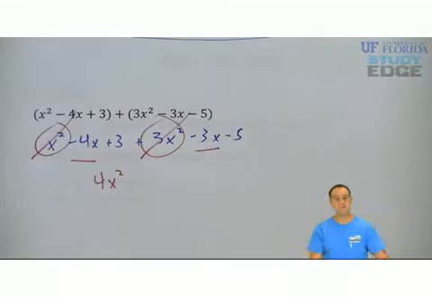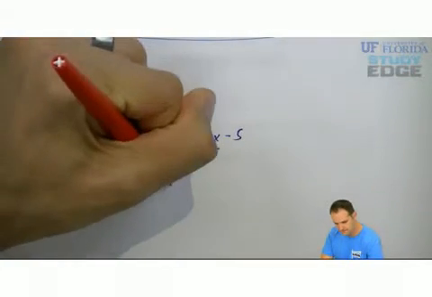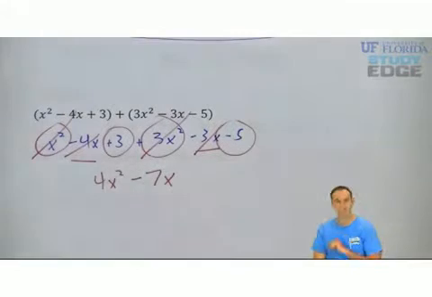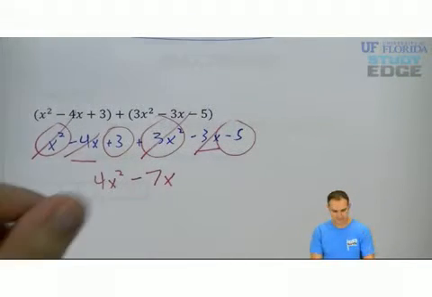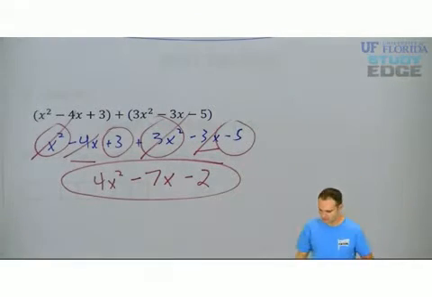Negative 4x minus 3x will give you, let's see, negative 4 minus 3 more, what is that? Minus 7x. And then lastly, 3 minus 5 would be minus 2. So here we go.